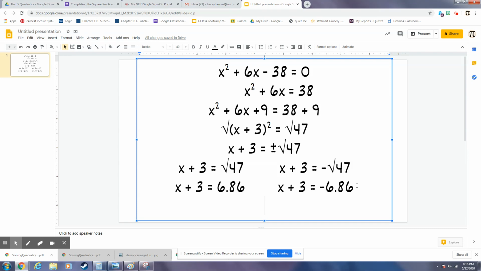So it's going to give me x equals, so 6.86 minus 3 is 3.86, and negative 6.86 minus 3 is negative 9.86. Okay, so those are your solutions. And so 3.86 and negative 9.86.